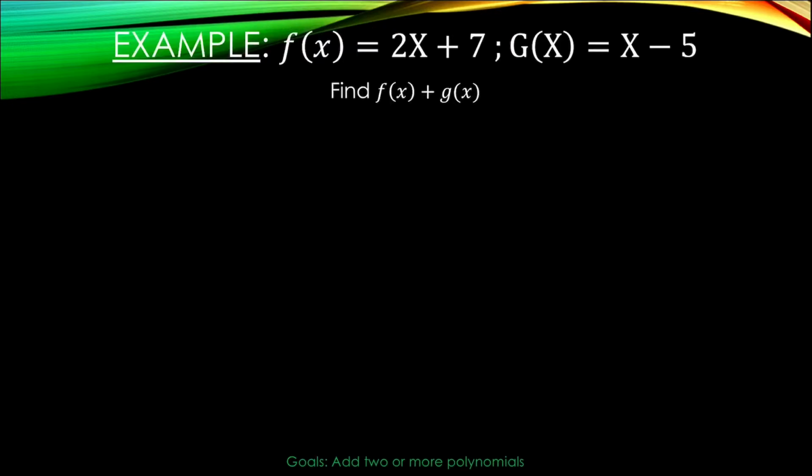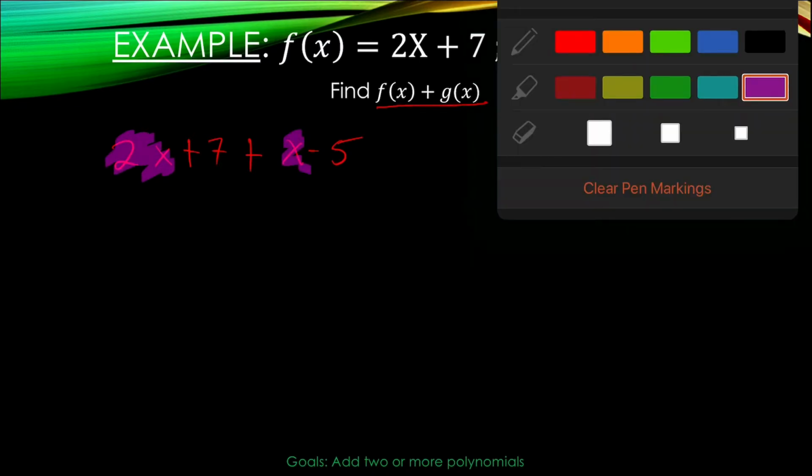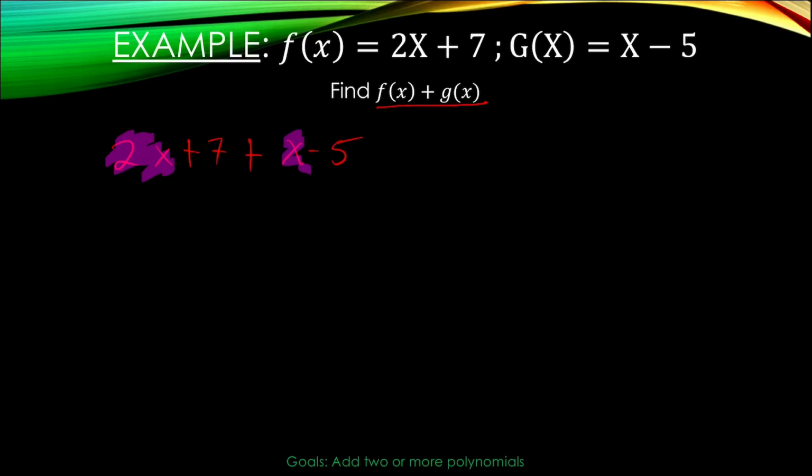Let's do an example. It says find f of x plus g of x. So I have 2x plus 7 plus what g of x is, which is x minus 5. Now I can simply group my like terms together here, and my constant terms, plus 7 and minus 5.